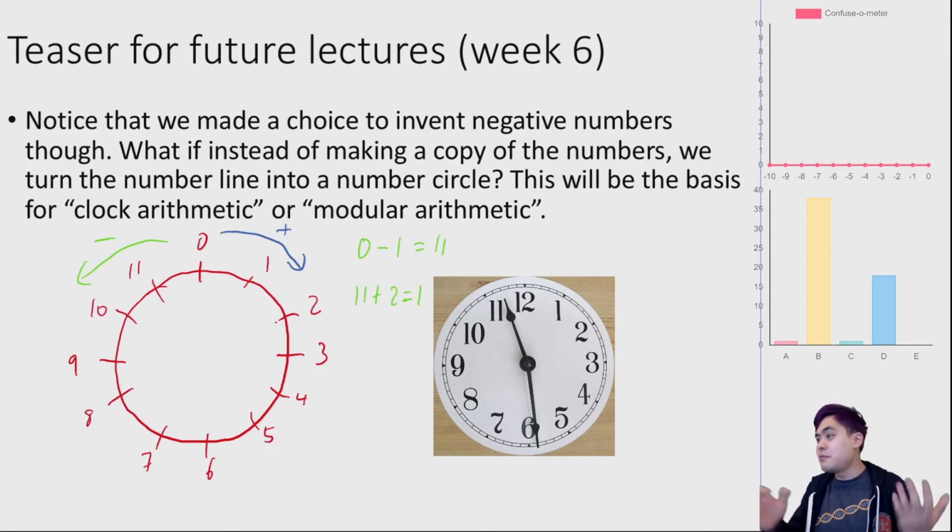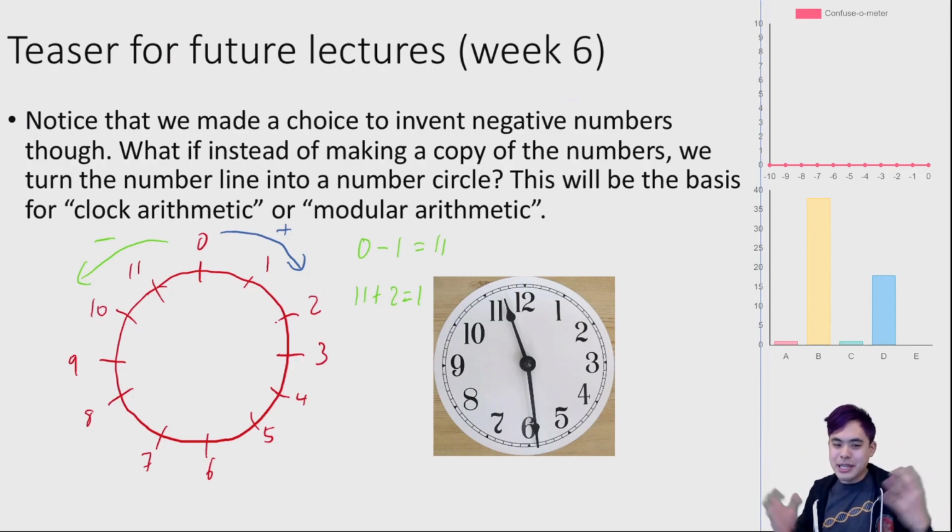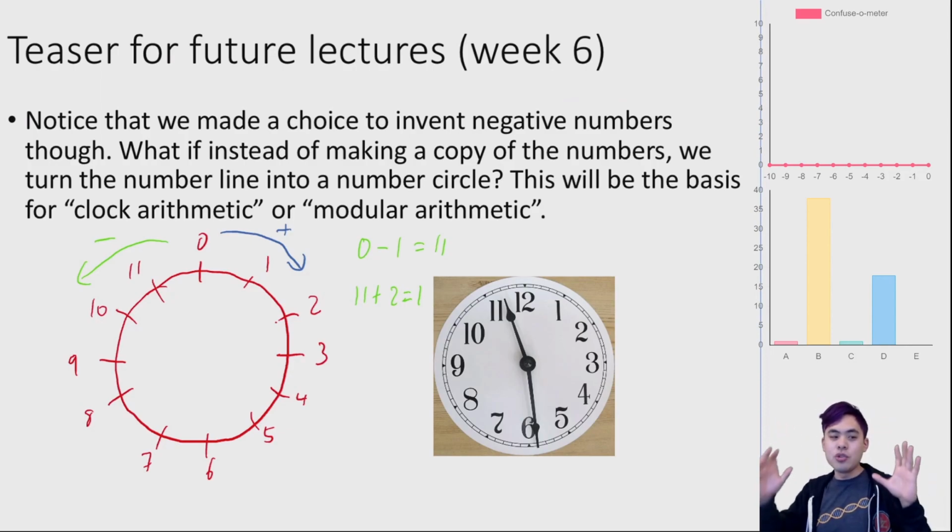But in some specific settings, instead of inventing the negative numbers, we just turn it around, cut off most of the numbers, and put them in a big circle. And there are other shapes that we can turn the number line into, where we can still make sense of what it means to add and subtract.